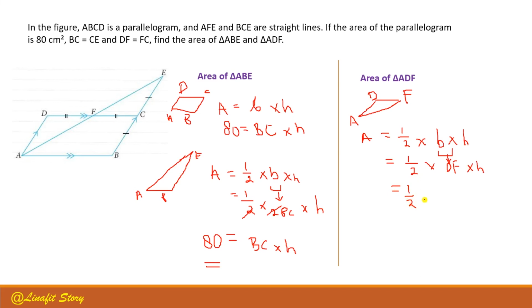So 1/2 times DF, which is equal to 1/2 of DC, times height is equal to 1/4 times DC times the height, which is equal to 1/4 times 80. So the answer is 20 square cm.